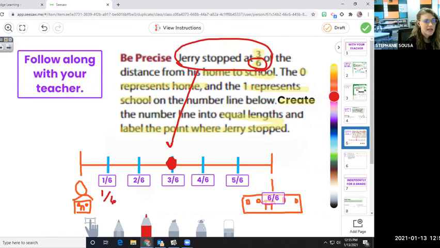Questions about this slide? Questions about this slide only. I'm not taking questions about anything else right now. Terrence.